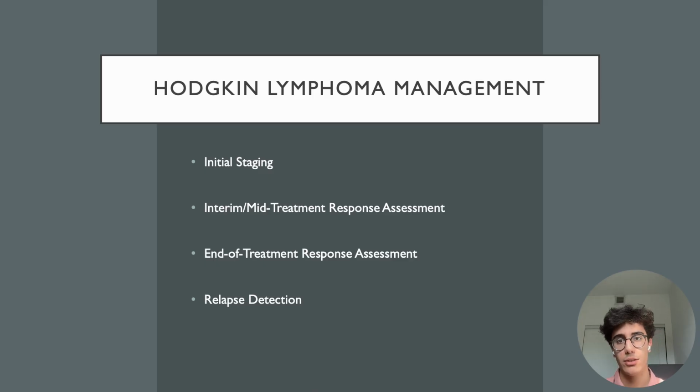What is that? Well, patients whose interim scan is clean may have the treatment intensity reduced to spare them from unnecessary toxicity, while patients whose scan shows active disease will have their treatment switched to a more intensive, more aggressive regimen before they go through the whole treatment.